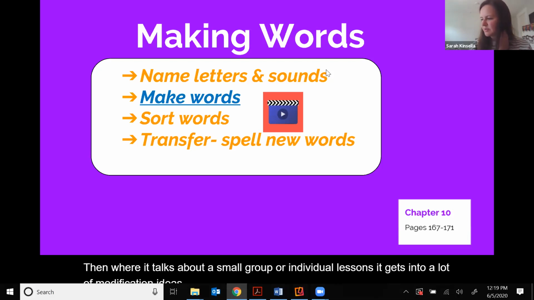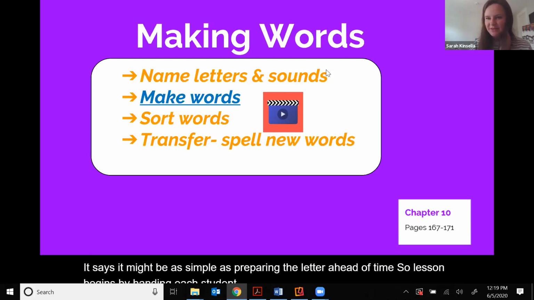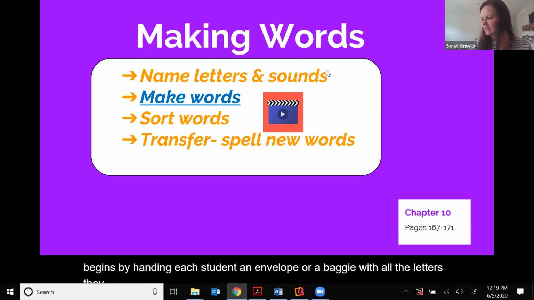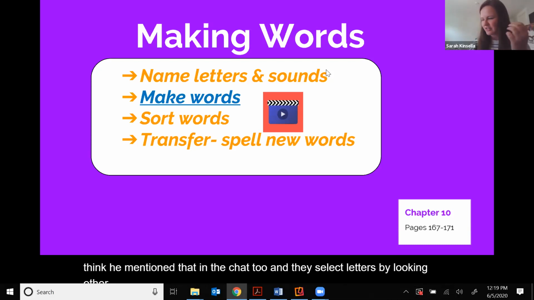It says it might be as simple as preparing the letter set ahead of time, so our lesson begins by handing each student an envelope or a baggie with all the letters they need. For some students, we display the letters on a Lucid eye gaze frame. I think Heidi mentioned that in the chat too. And they select letters by looking. Other students move magnetic letters on a cookie tray like we saw. Others might select the letters with partner-assisted scanning.